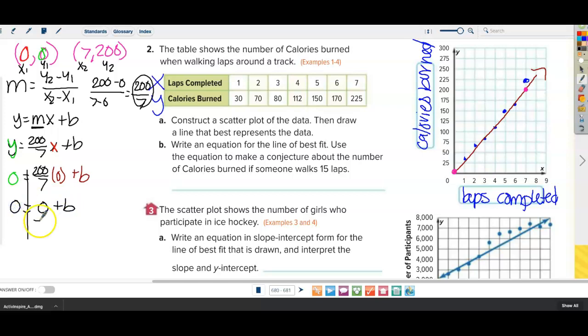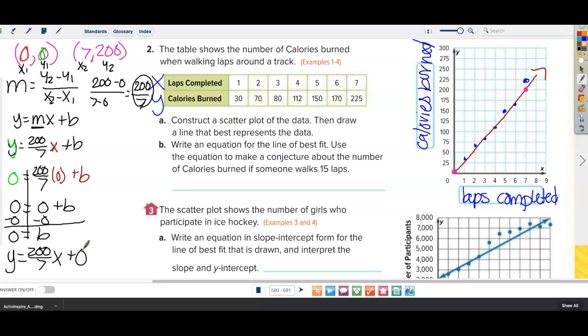So then if I subtract 0, I get b equals 0. So now I have the equation y equals my slope, which is 200 over 7, x plus 0, or you don't even have to have the plus 0, you could just have y equals 200 over 7x.